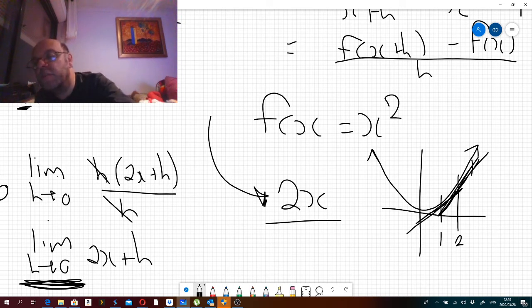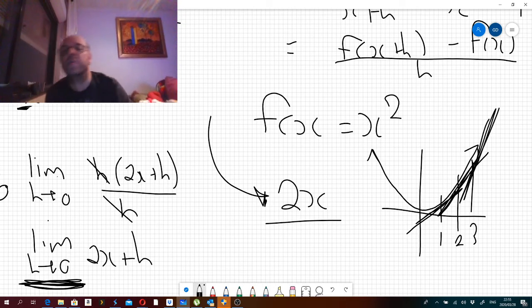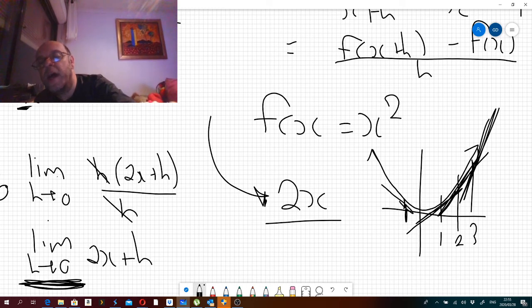And if I went to 3 and asked what the tangent is that just touches at 3, you would get a gradient of 6. So we can see that the gradient is changing along that curve all the time. By the same token, if I took a value of -1 over here, then a line that just touches at -1 on that curve would have a gradient of -2.